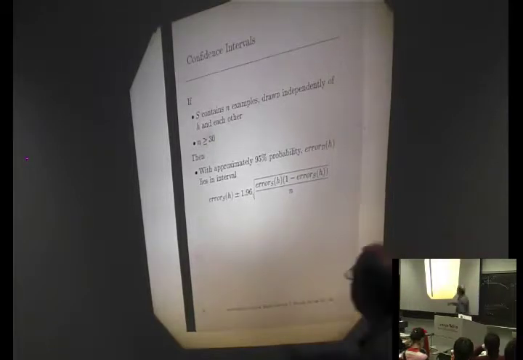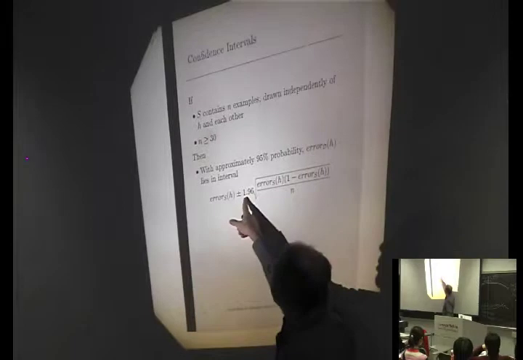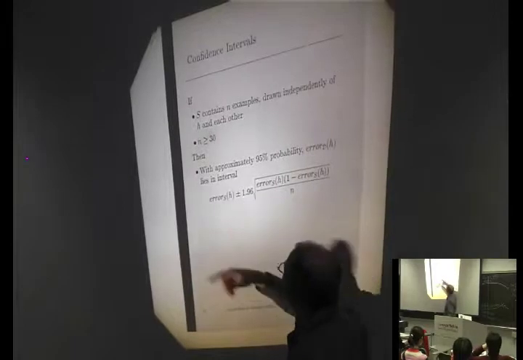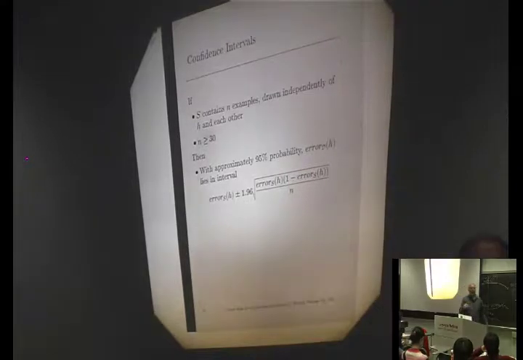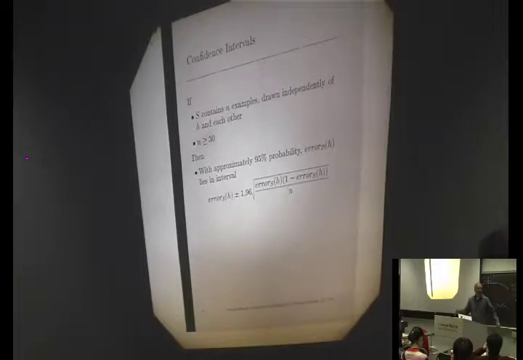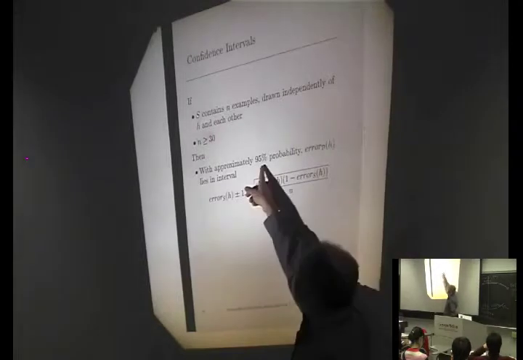Now, where did this number come from? This number is related to how confident you want to be that you are going to capture the true value of the parameter, namely the true error, in your confidence interval. It came from our choice of 95%.